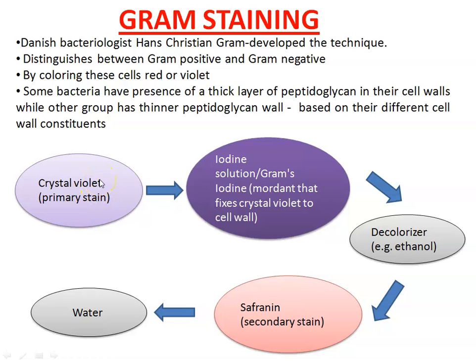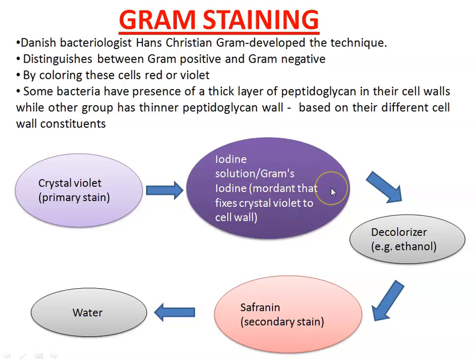That cell is going to be violet in color, and after that you put iodine solution, that is Gram's iodine. This is the main ingredient in this technique. This iodine solution is going to react with the crystal violet, and it is going to stain the cell wall violet.